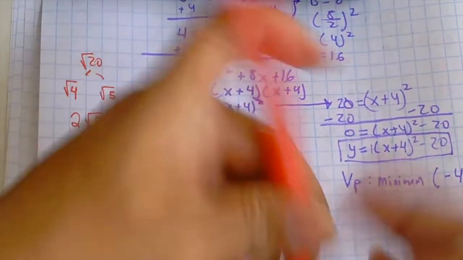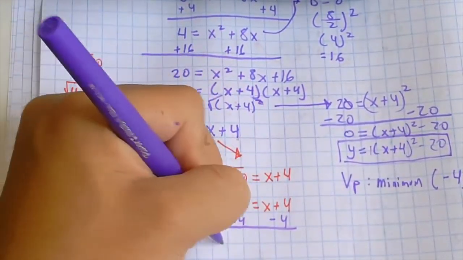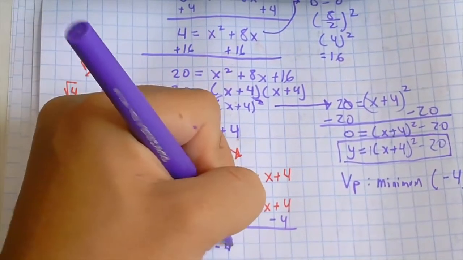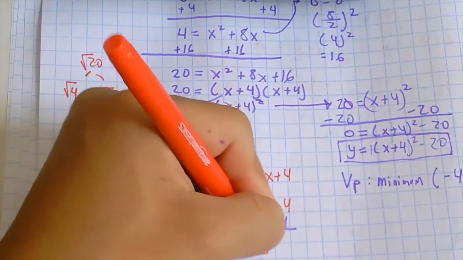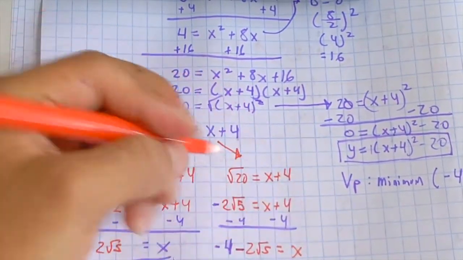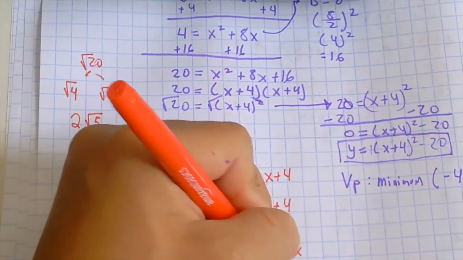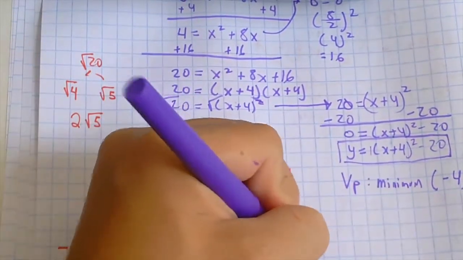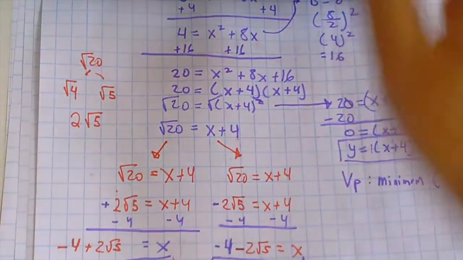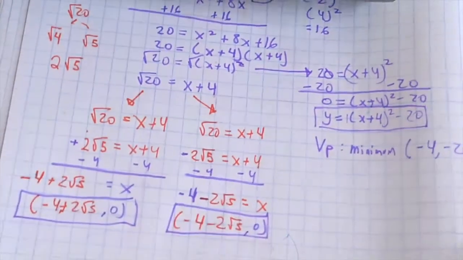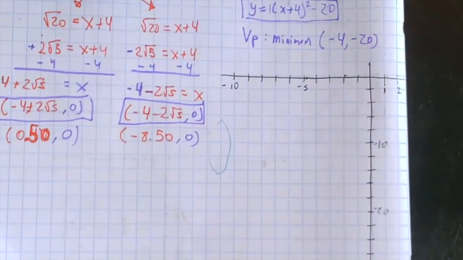And then when we subtract 4 from both sides on the second equation, we're now left with negative 4 minus 2 root 5 equals x, in which our final point is (-4 - 2 root 5, 0). Here is our second point. Now we have enough information to graph.